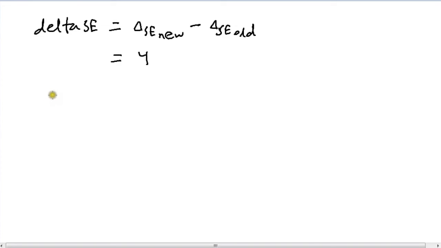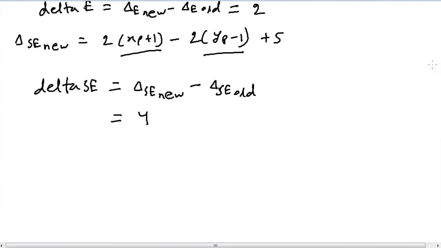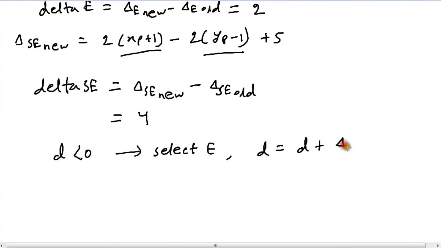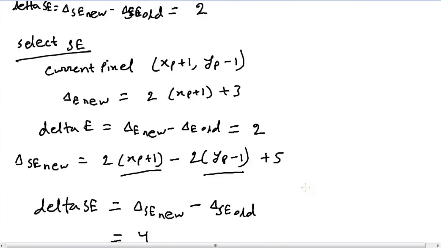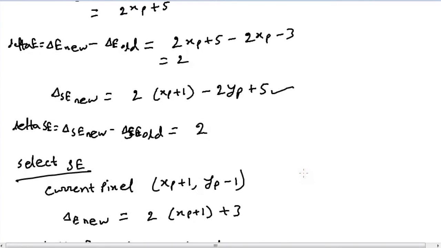Now all we have to do is, if D is less than 0, then we select E. We update D by adding del E to it, and of course we update our del E by adding delta E to it, which is 2.